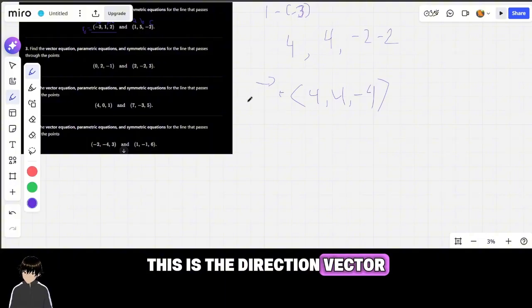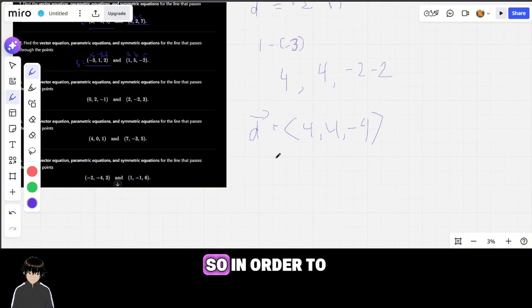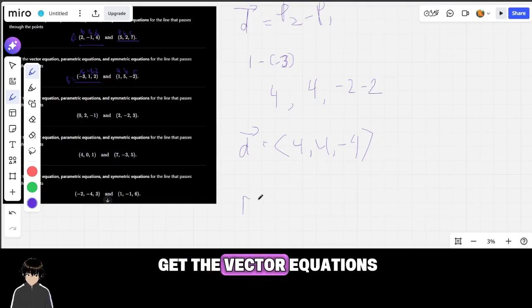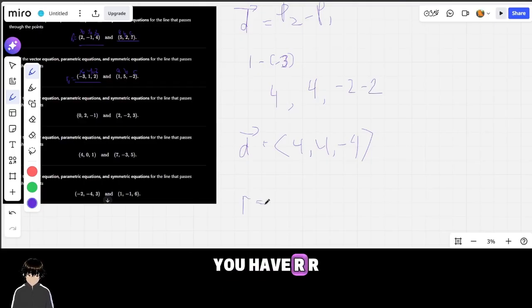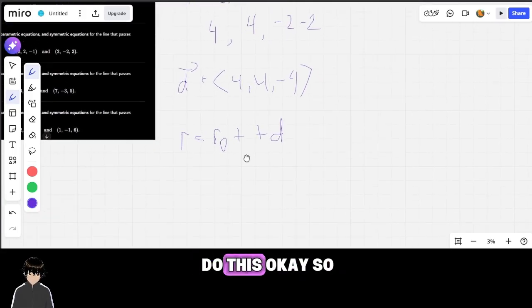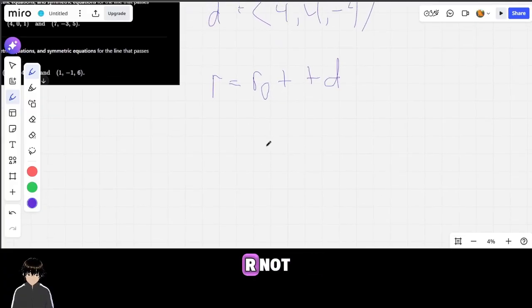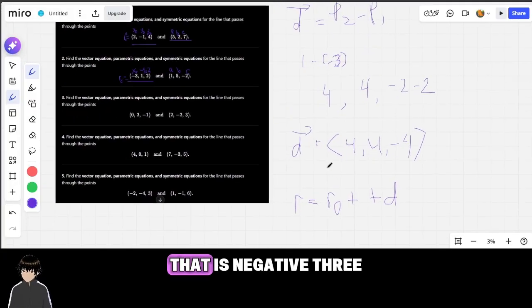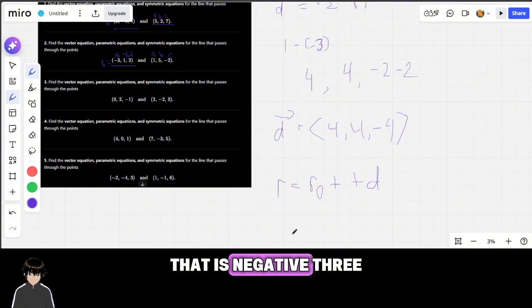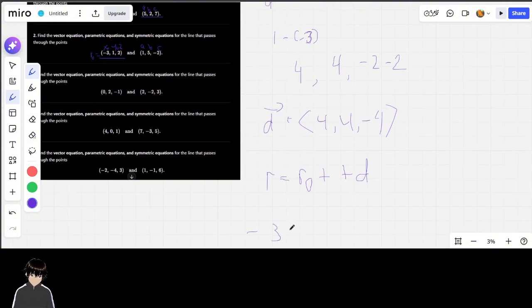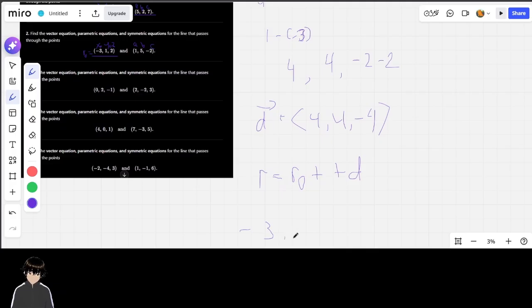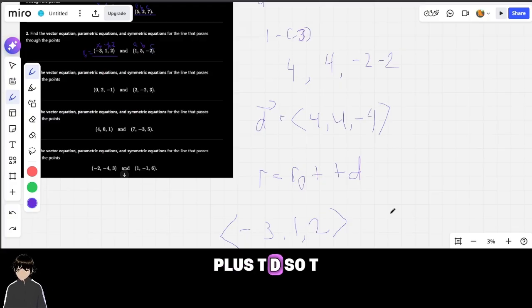This is the direction vector. So in order to get the vector equation, you have r naught plus t d. R naught is negative 3, 1, 2, plus t d.